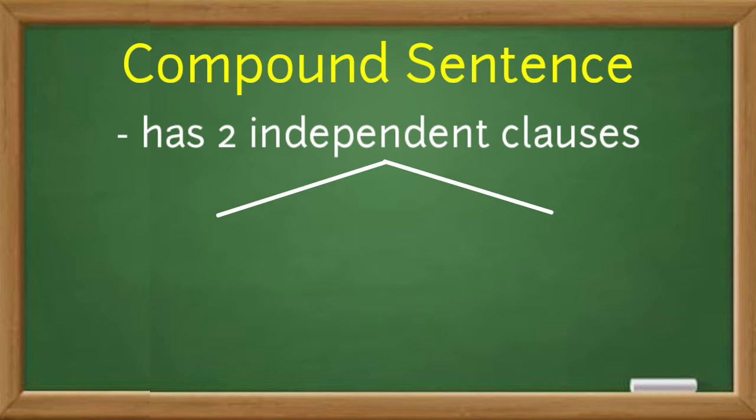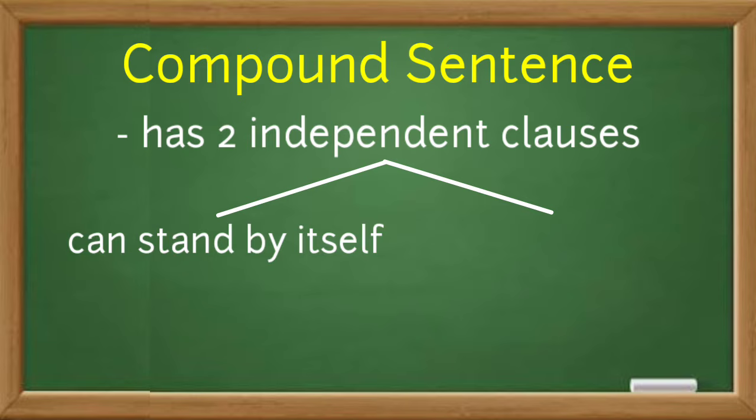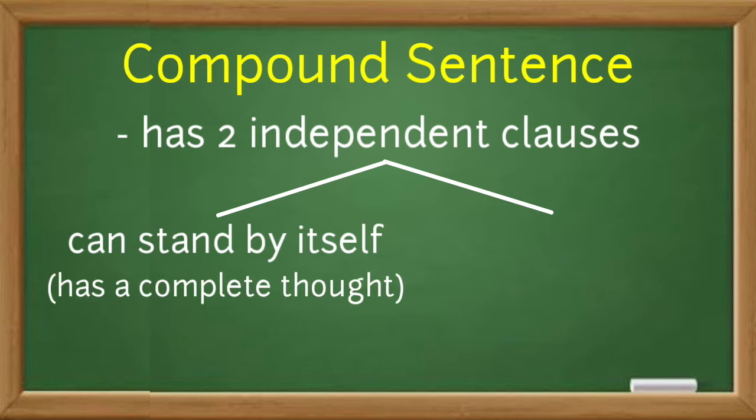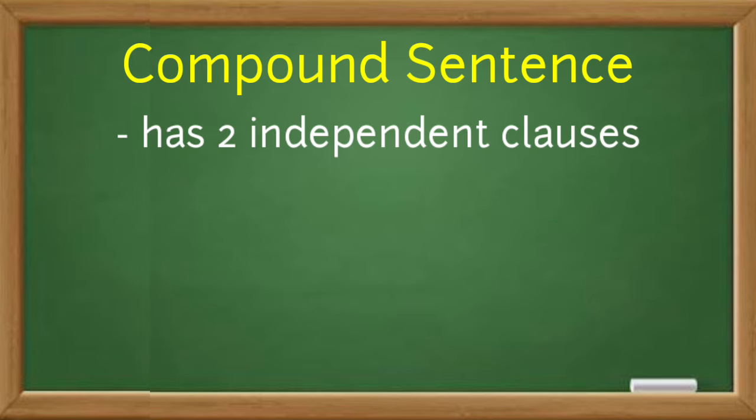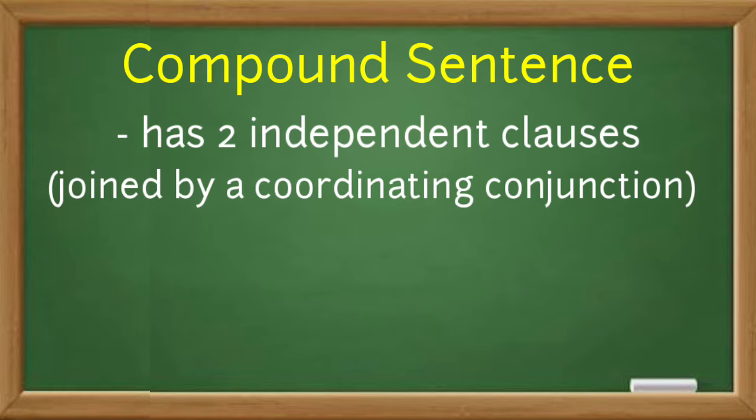It is a group of words that can stand by itself because it has a complete thought and with a subject and a predicate or verb. These two independent clauses are joined by a coordinating conjunction.